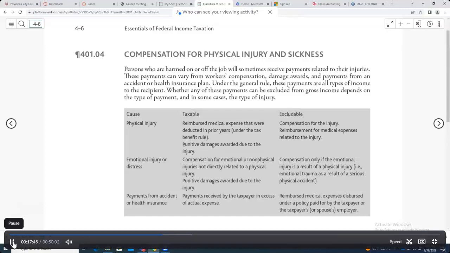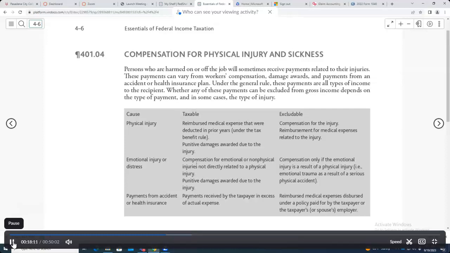However, sometimes you get compensation as punitive damage. That is giving a hard time to that person, giving him a lesson to not do that bad thing again. If you get reimbursed for punitive damage, then it's fully taxable because you are trying to give him a lesson.